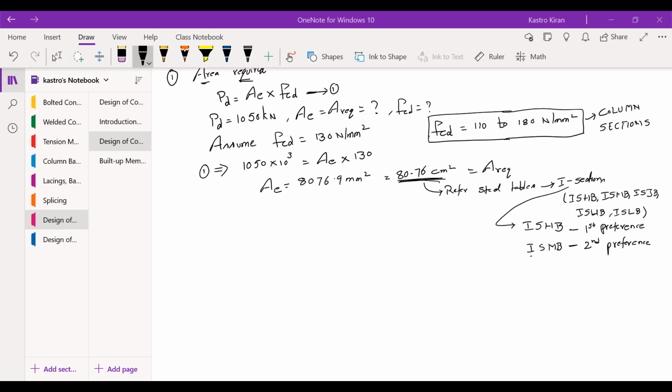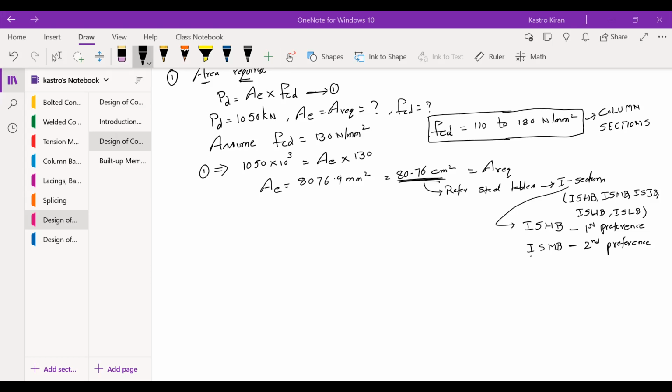Here you can see the rolled steel beams, that is from table 4. You might not see the values very clearly, but however, we'll check them. Please refer to table 4 of the steel tables book.